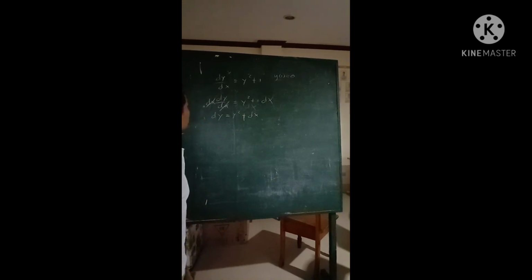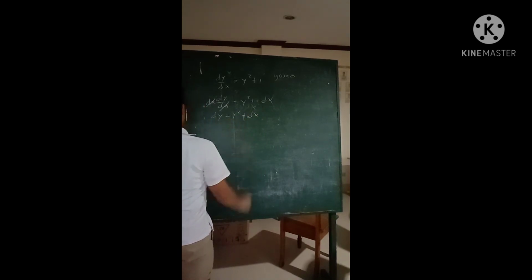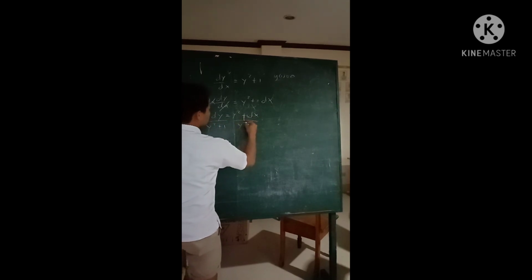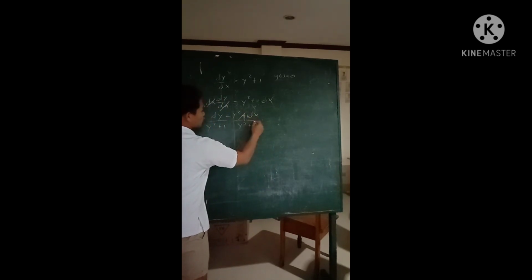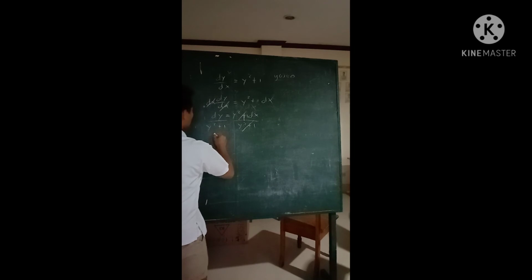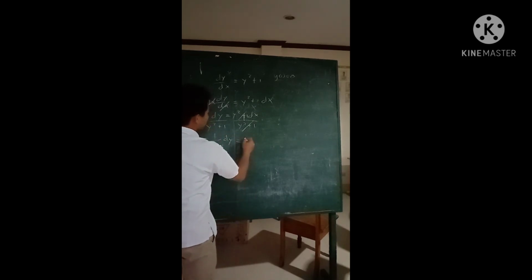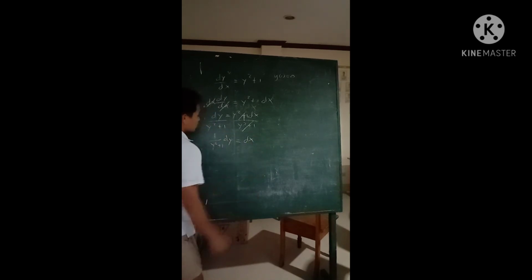Then let's divide both sides by y squared plus 1. So the remaining is 1 over y squared plus 1 dy equals dx.